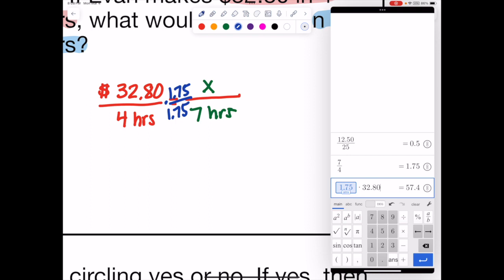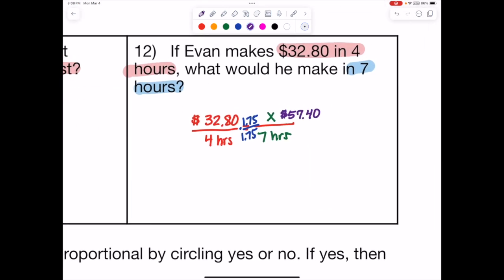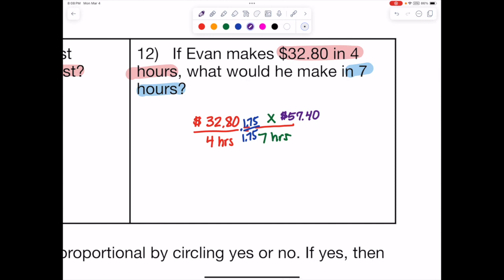We have an answer of he should make $57.40, and 0.4 is 40 cents. You need to make sure you have that or you would lose a point. Okay, let's answer the question. What would he make in 7 hours? He would make $57.40 in 7 hours. Okay, and so there we go.